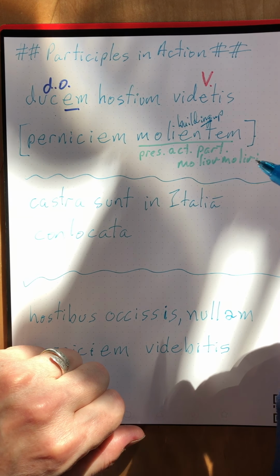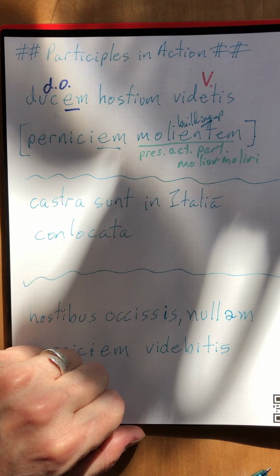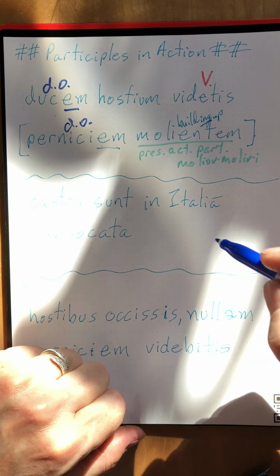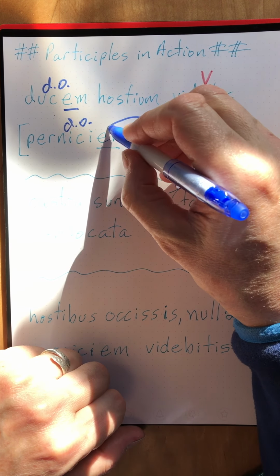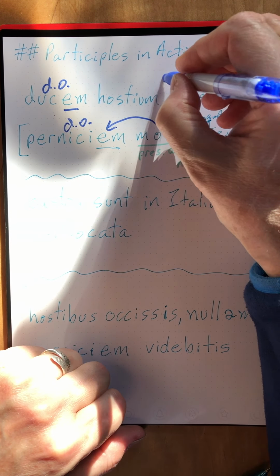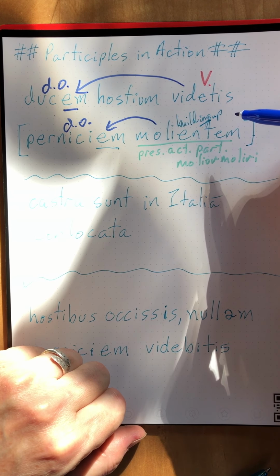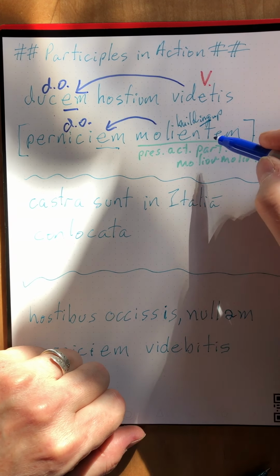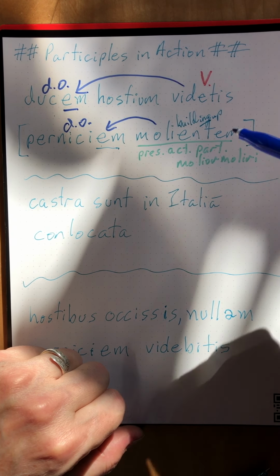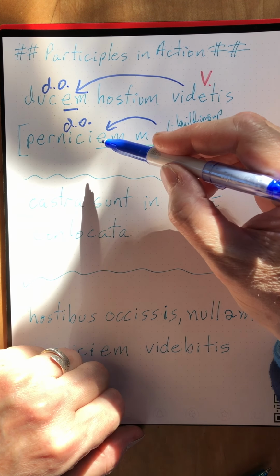There's a whole chunk here. If you look at this, this is also an object. It's a DO, a direct object of molior, molientem, just as ducem is the direct object of videtis. So participles can have their own internal direct objects. You see the leader of the enemy building up danger.